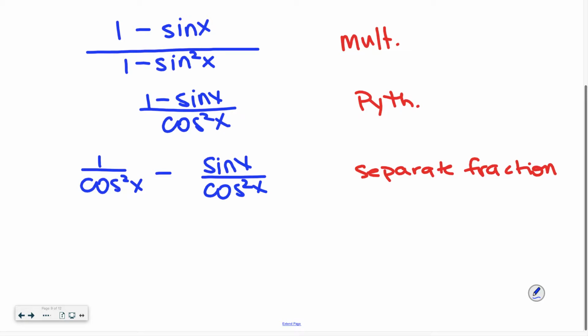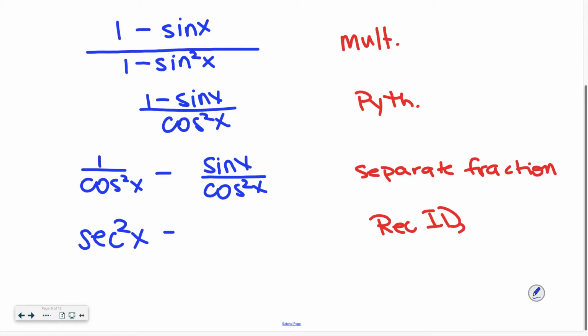Now, what's 1 over cosine squared the same as? Well, what's 1 over cosine the same as? Secant. So 1 over cosine squared is the same thing as secant squared, because of the reciprocal identity.